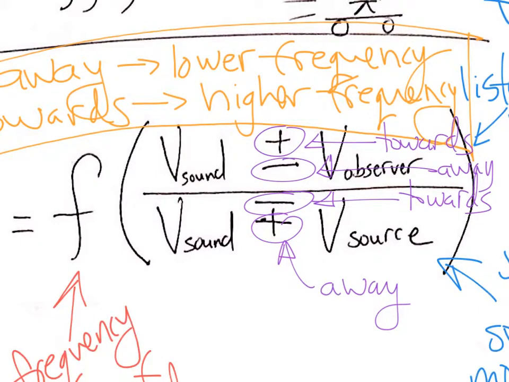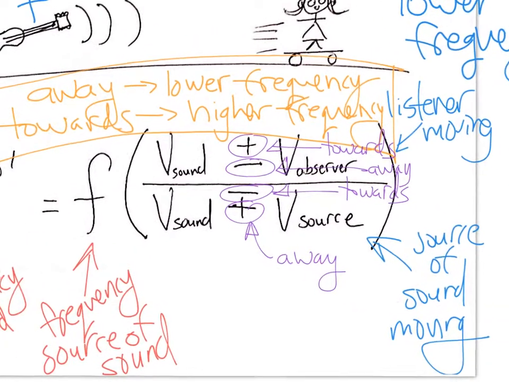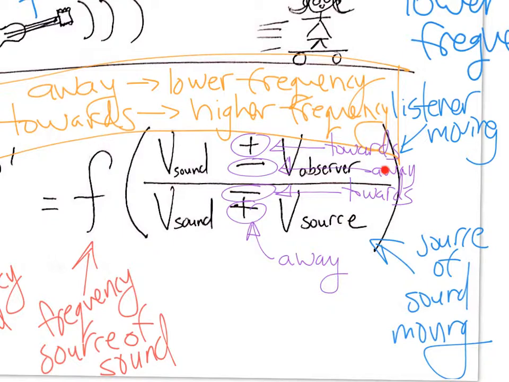So to use this formula, first you will be thinking, okay, is it the observer, the listener that's moving? In which case we're going to plug something in here, and this will stay the same, this will be 0. Or is it the source of sound that's moving, in which case this is 0. We just have speed of sound up top, and we'd plug something in here.